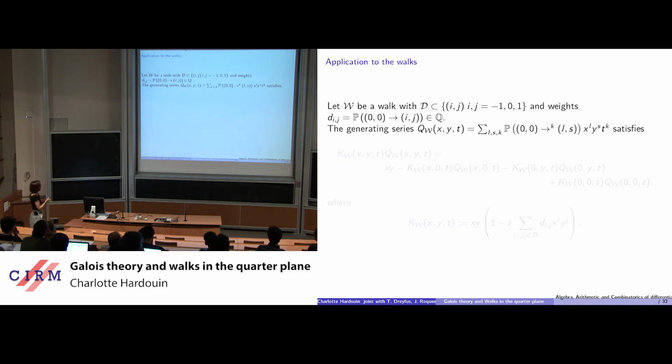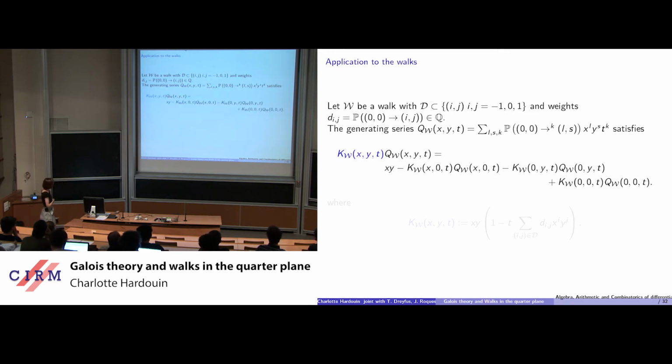To such an enumerative object, you associate a generating series as follows. Here, this variable t counts the number of steps you have to do. You can show that this trivariate generating series satisfies a functional equation of the following type.